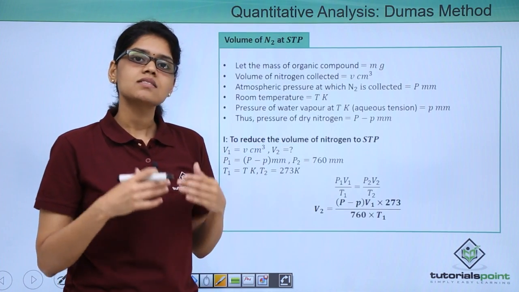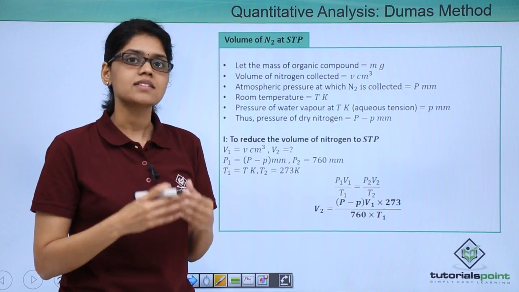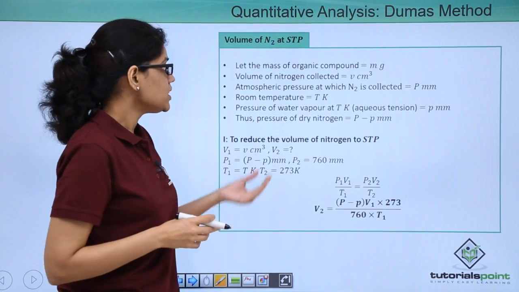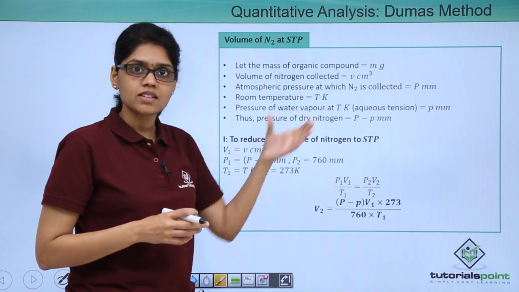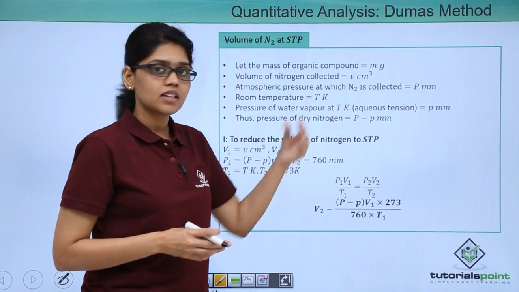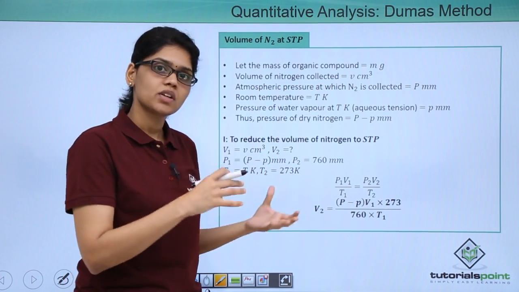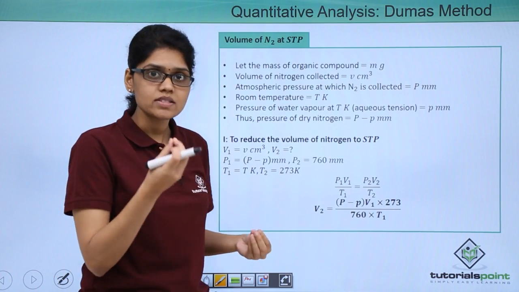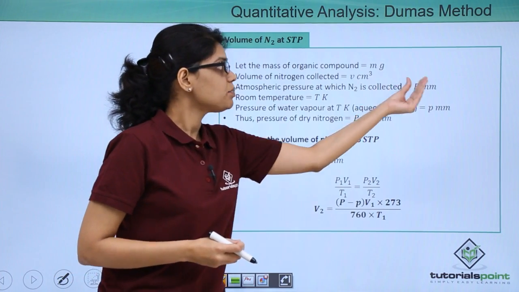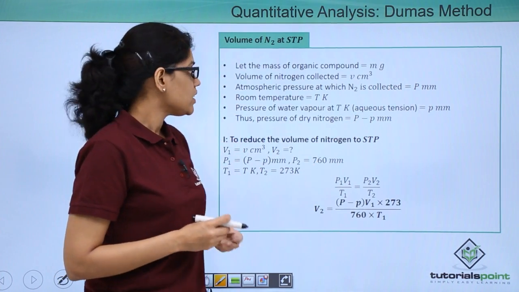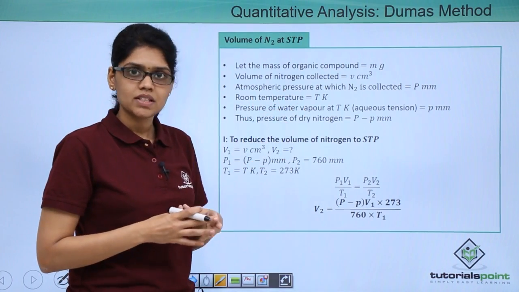Let's assume that this organic compound has mass m gram. Then the volume of nitrogen collected in the nitrometer would be V centimeter cube, and the atmospheric pressure at which this moist nitrogen is collected is P mm. The room temperature, let's assume, is T kelvins.